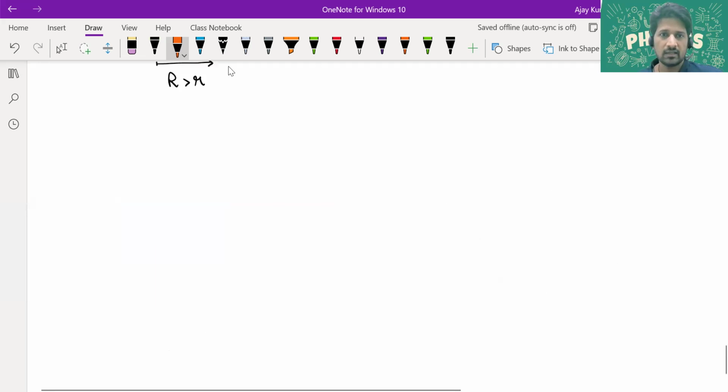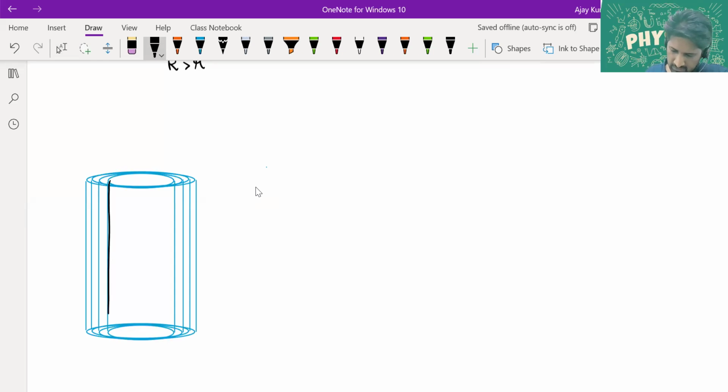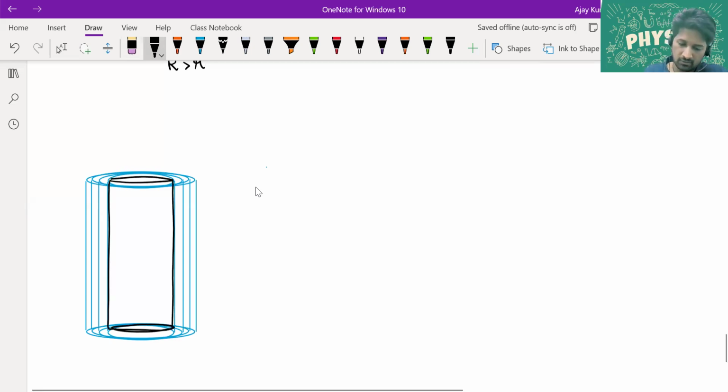So you can imagine oil layers like this. Just a moment, I'll have to draw a diagram. So this layer is in contact with the cylinder. The innermost layer of oil is in contact with the cylinder. The outermost layer of oil is in contact with the pipe.